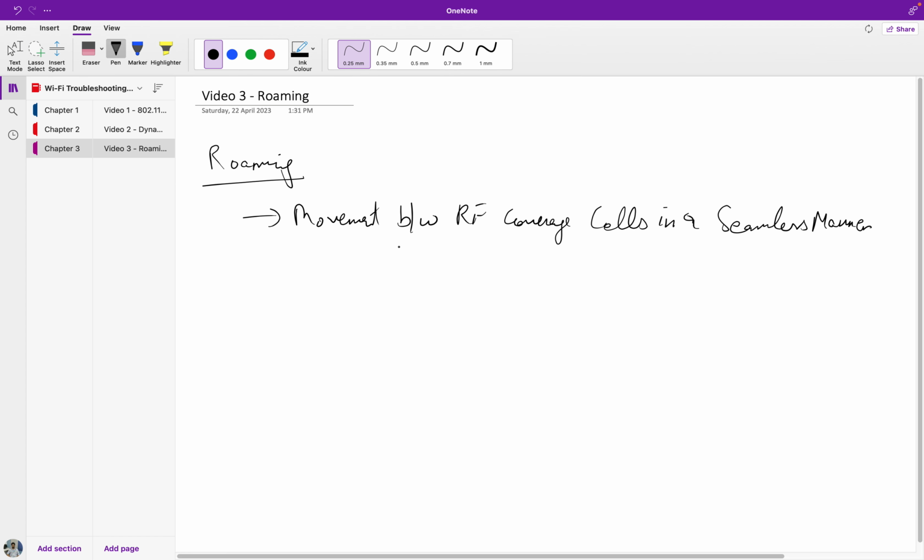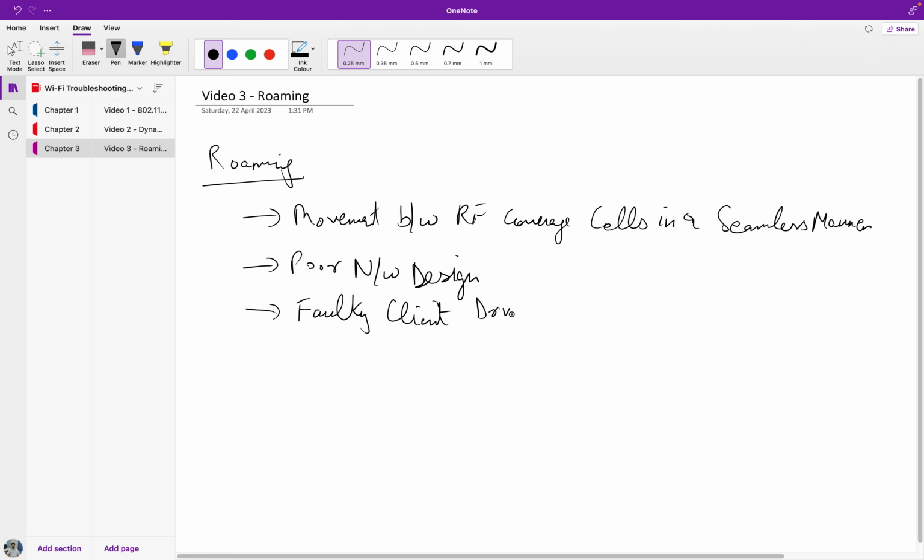Roaming problems can be caused by poor network designs, of course, and faulty client drivers also. So a poor network design is the biggest cause of roaming problems, and a faulty client driver.